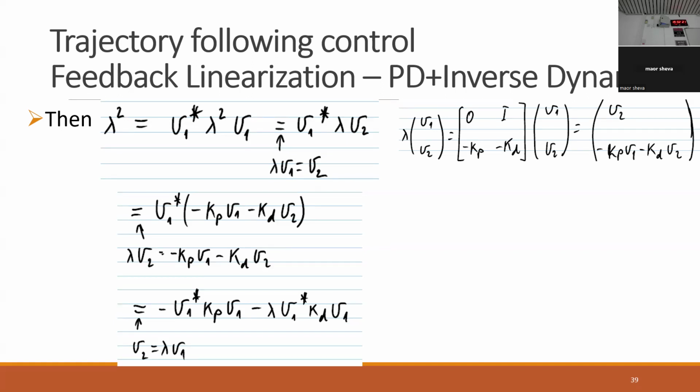So I have lambda V1 conjugate transpose Kd V1. So I have here two terms which are quadratic forms of Kp and Kd.